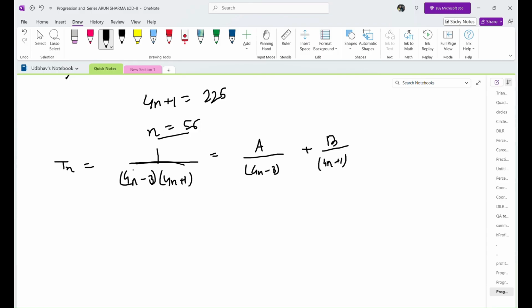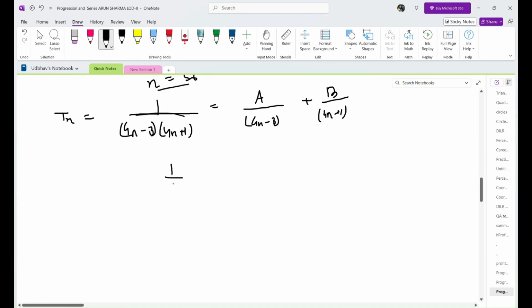We can break this thing into this thing. A and B can be anything. It's just like we are breaking 1 upon 10 into something which comes with 2 plus something which comes with 5. We just don't want to guess it because we cannot guess everything here.